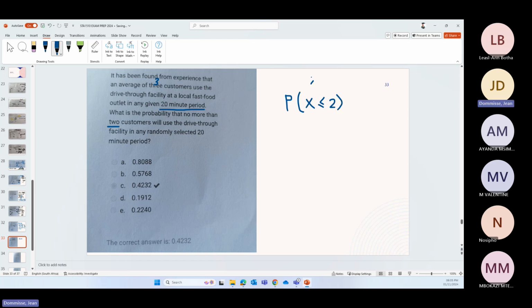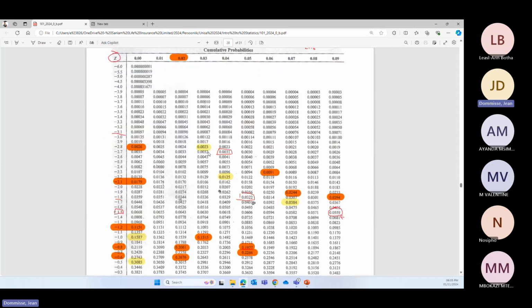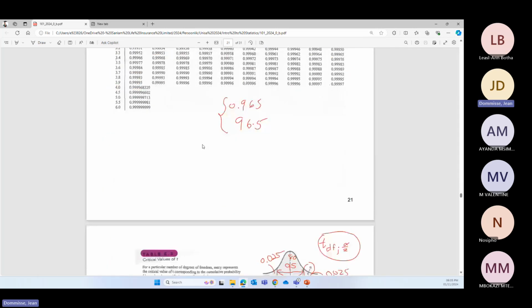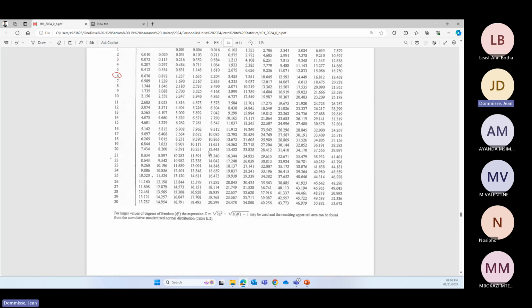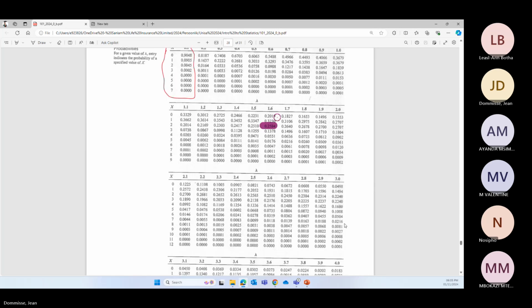So lambda equal to 3, and then we go to x smaller or equal to 2. So let's see, let's close that. Lambda equal to 3. So there is 3, and we set small x equal to 2.